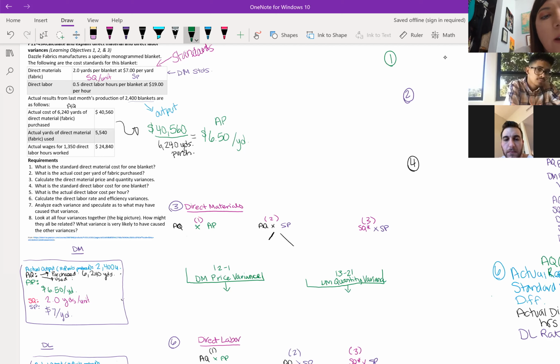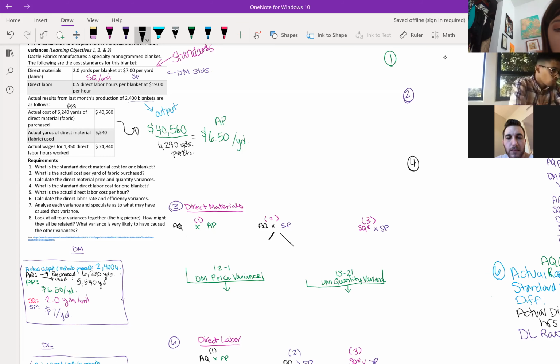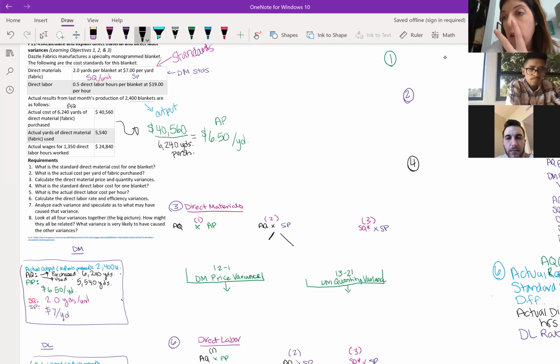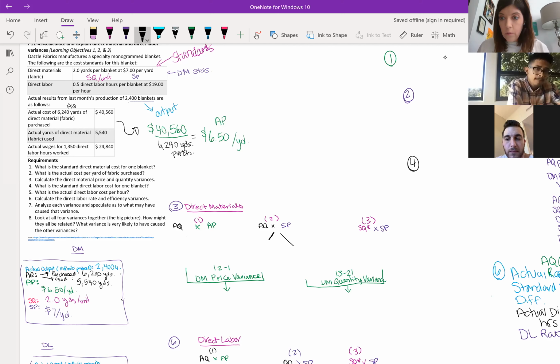Actual yards of direct material used, 5,540. So that's our actual quantity used. We know that we're going to have 2 calculations under number 2 because they purchased a different quantity than they actually used.